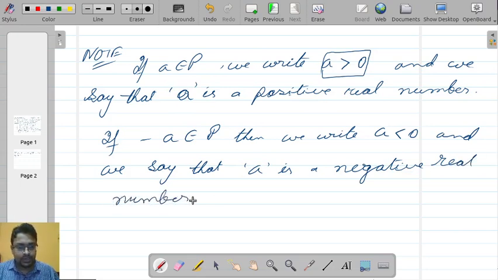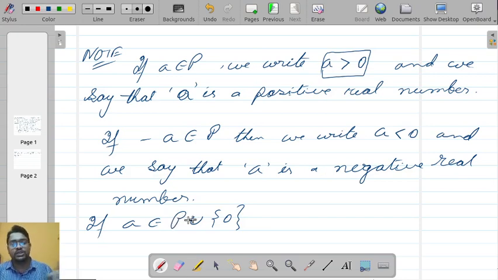Okay. Also, if A belongs to P union 0, it means I do not know whether A is positive; I am sure that either A is positive or A is 0.